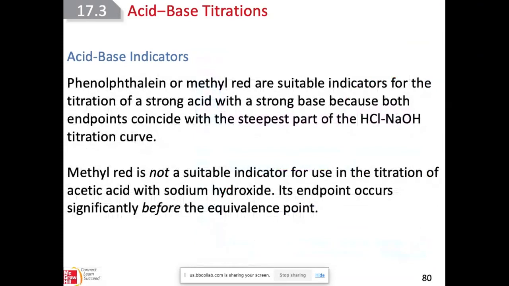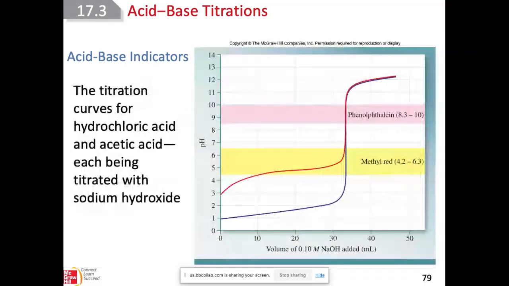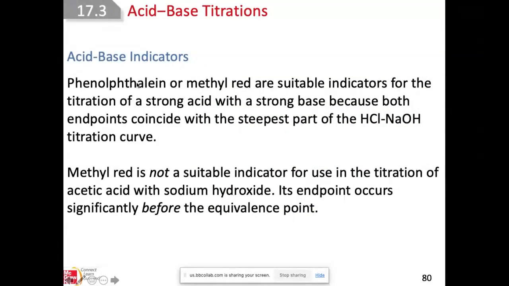A lot of the time we just use phenolphthalein, but in some cases we can use methyl red. As you can see, phenolphthalein and methyl red are the indicators we can use for a strong acid titrated with a strong base, because both endpoints coincide with the steepest part of the titration curve.